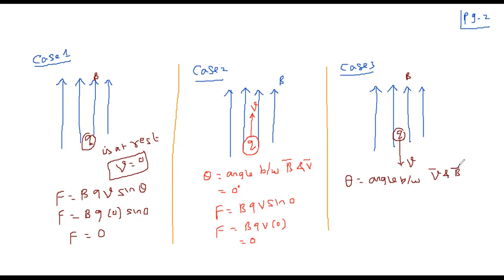The magnetic field acts in this direction, the velocity acts in the opposite direction, so theta is 180 degrees. F equals BQV sin 180, and sin 180 is 0, so F equals 0. In these 3 cases the charge experiences zero force: when it is at rest in a magnetic field, moving along the magnetic field, or moving opposite to the magnetic field.